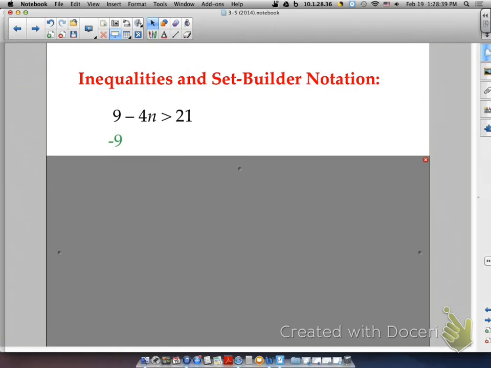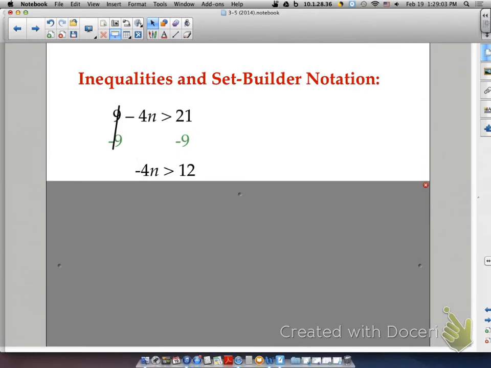All right, and then the 9s cancel. Okay. And then, now what do I have? Negative 4n, don't forget the negative. Negative 4n is greater than 12.